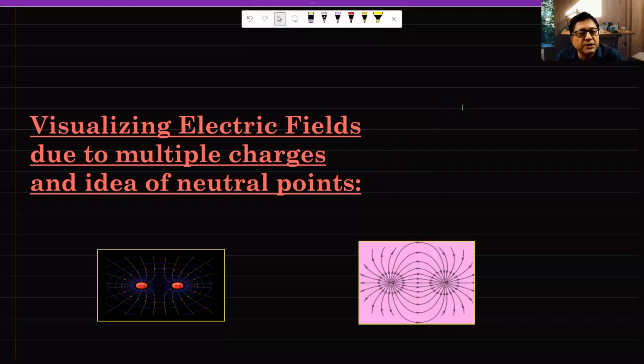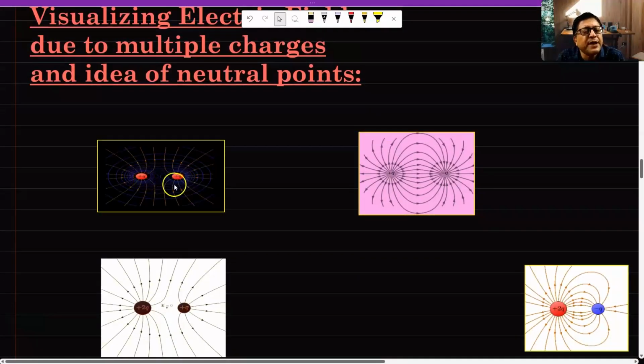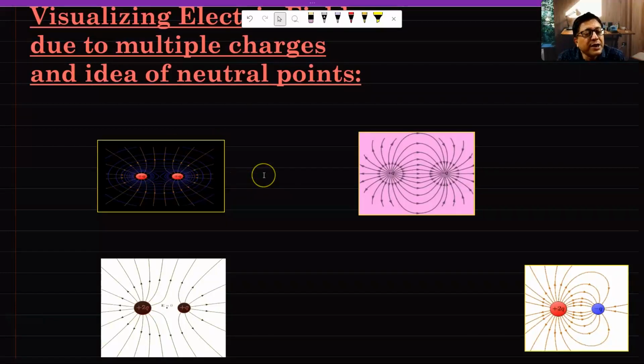Due to positive charge, field lines radially outward. Due to negative charge, field lines radially inward. Due to two isolated positive charge, field lines will be in such a way that they're exerting lateral pressure on each other. Due to one positive and one negative charge. And another thing I'd like to say, when two positive charges are there, they are repelling each other.